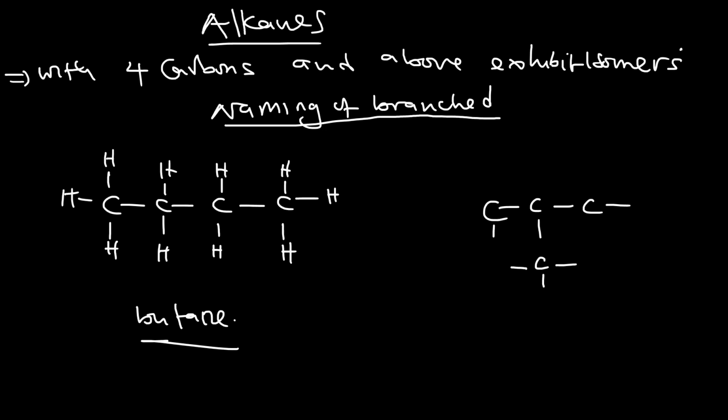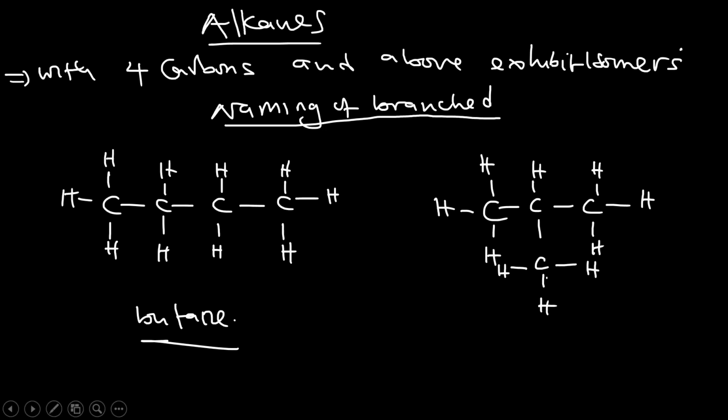But remember, each carbon is surrounded by hydrogens, so we draw the structure this way. We are saying isomers are compounds which have the same molecular formula but different structural formula. We know what a molecular formula and a structural formula is. A structural formula is shown in terms of bonds. A molecular formula is just a condensed form.